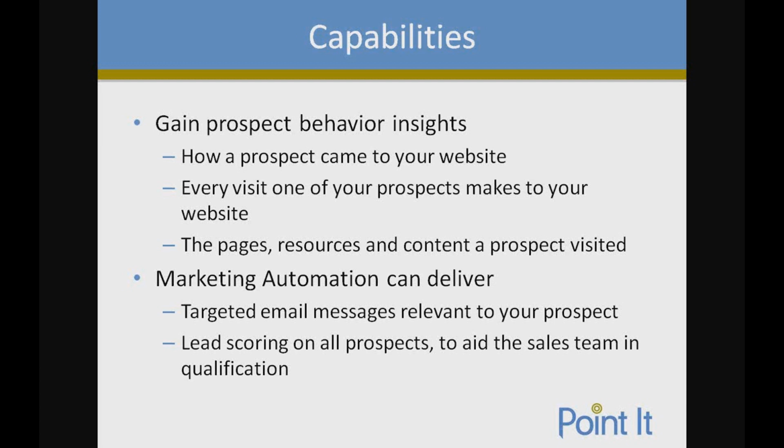It's really important to help gain a prospect's trust by leveraging targeted email messages, and through segmentation as well as email marketing, you're able to deliver these targeted messages. And the final point here is that you're able to score these leads to help aid the sales team in their qualification of the leads that come across their desk.